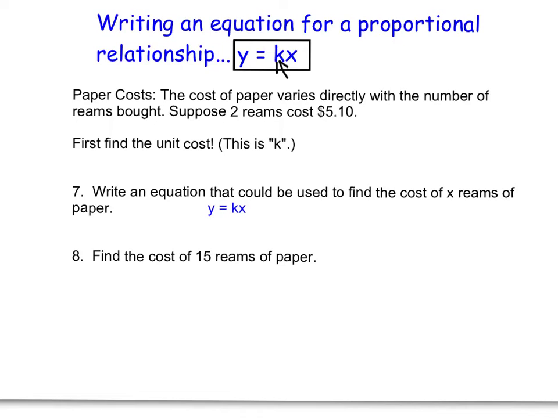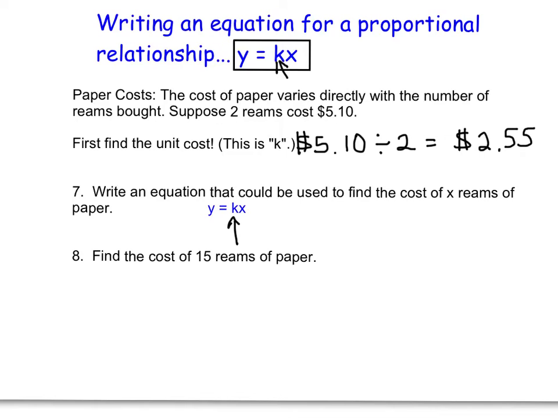Your first step is to find the unit cost. In order to find the unit cost, remember we take $5.10 and divide by 2. That gives me a unit cost of $2.55. I'm going to use this in my equation where the k is. Now, what's nice about these equations is that the y and the x are going to stay the same.